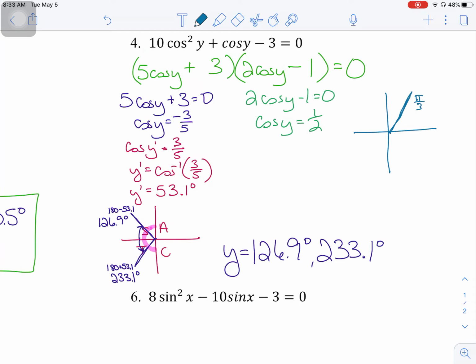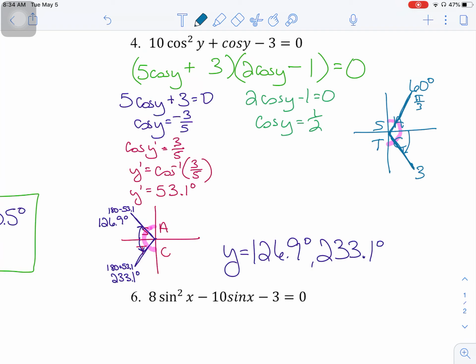Remember, though, I don't want pi over 3. I want the degree measure. So this would be 60 degrees. ASTC. Let me fill those in. And I'm looking for where is cosine positive. So that's going to be first and fourth quadrant. So down here in the fourth quadrant, I need to be 60 degrees off the x-axis.